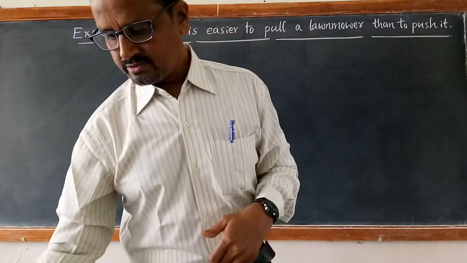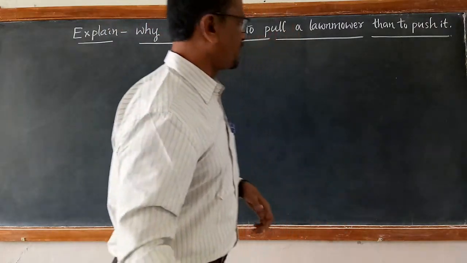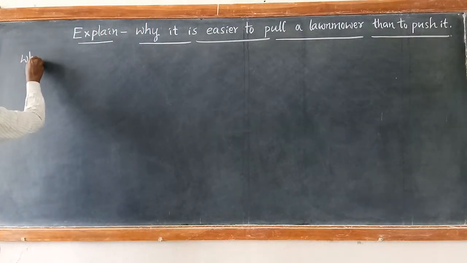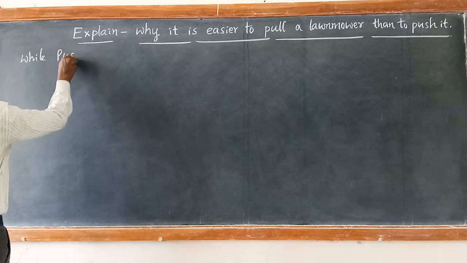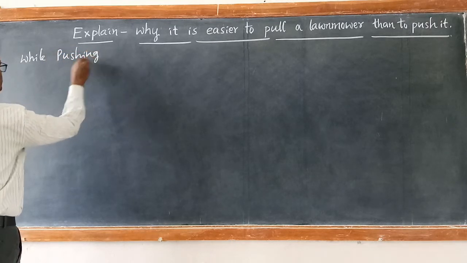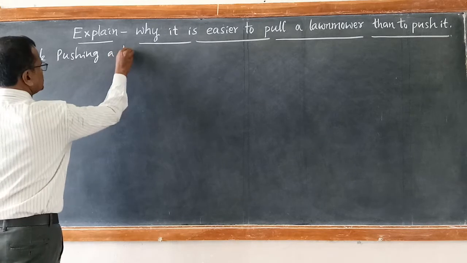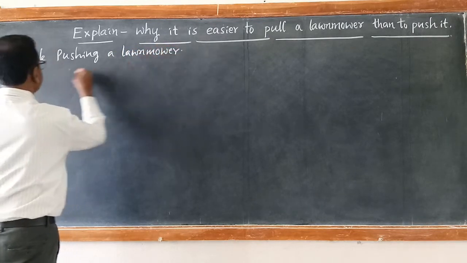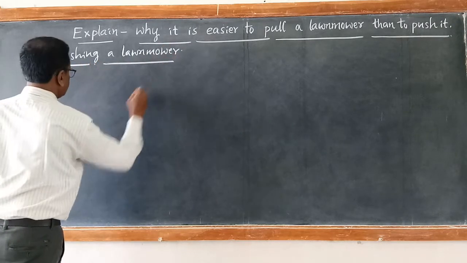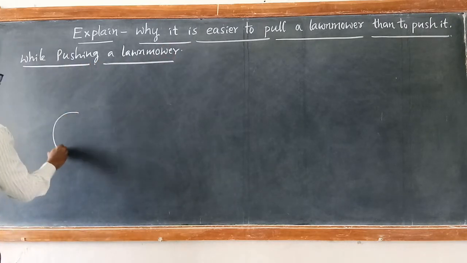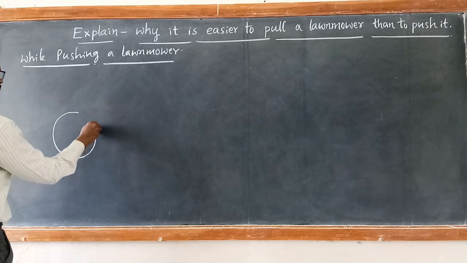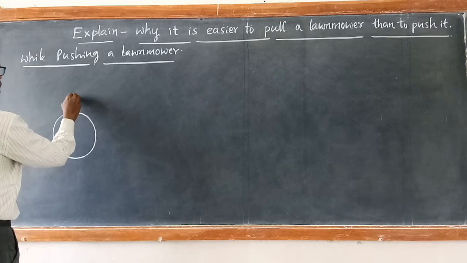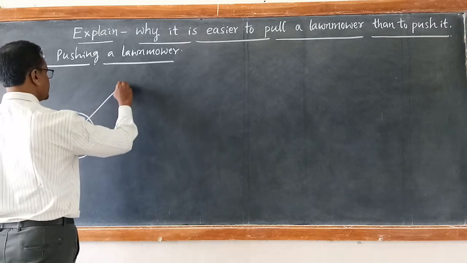Let us see it with the help of a diagram. What happens while pushing? I will draw the diagram. While pushing a lawn mower, generally we push in this direction.